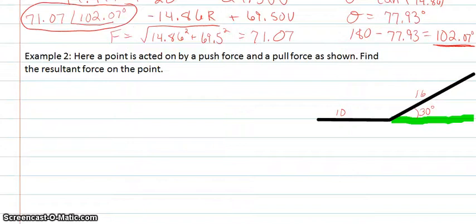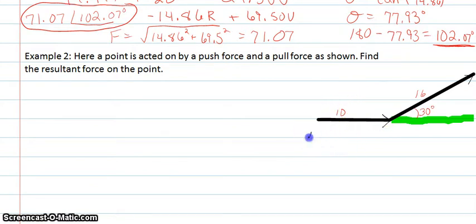In the second example, we have a point that's acted on by a push force and a pull force. So the 10 here is the push force, and the 16 at an angle of 30 degrees is the pull force. And the 10 would actually have an angle of 0 degrees.